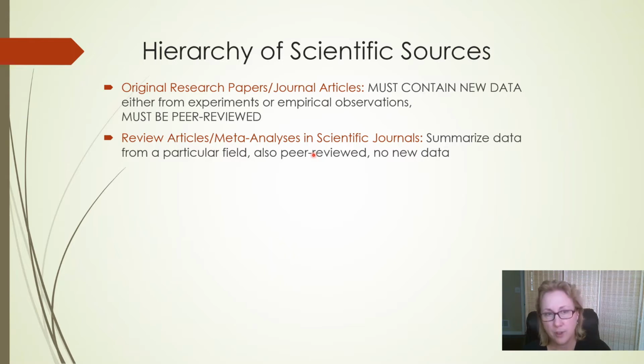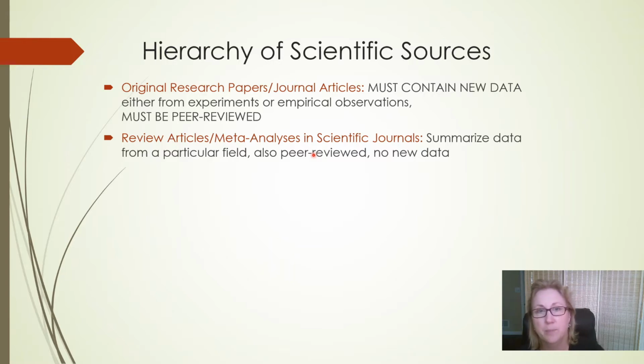A review article takes recent findings in some specific field and summarizes them. Review articles are great if you're new to a field, if you want to learn more about a specific area that you're not very familiar with. If you find a review article on that topic, that can be a great source because review articles are generally in scientific journals. They are also peer reviewed.